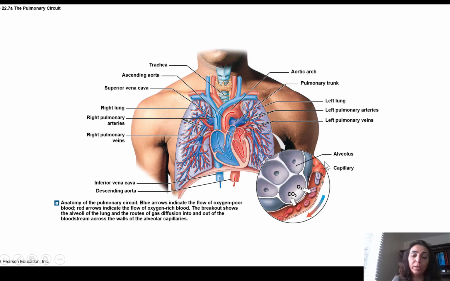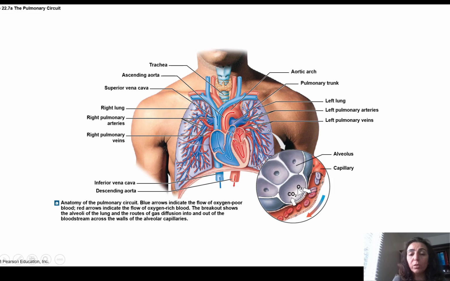Like this is an alveolus, this is the capillary around it, and at this place they're going to exchange the gas. As you see, the air that has come from the outside gets into the trachea and then spreads all the way to this alveolus. It is now full of oxygen.